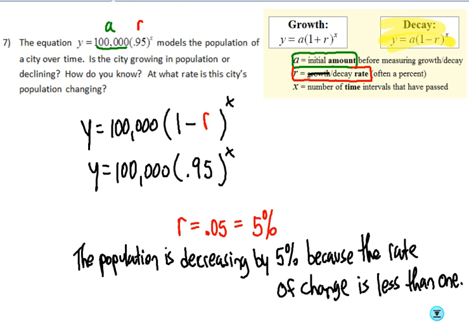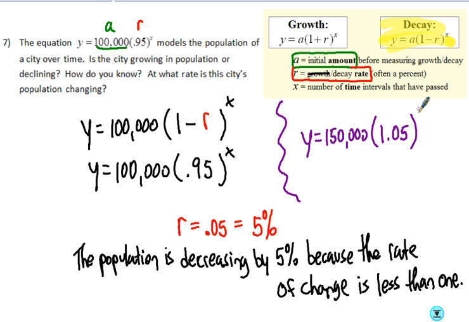So again, if we know that this number is less than 1, then we know we're talking about something that is decreasing. Now, just for fun, let me make something up, so you know how to answer the next question. What if I had y equals 150,000 times 1.05?